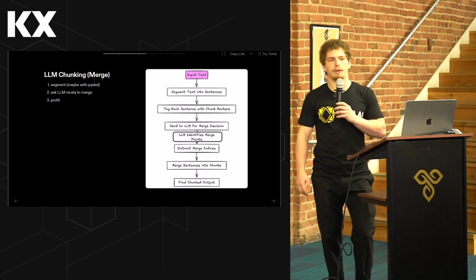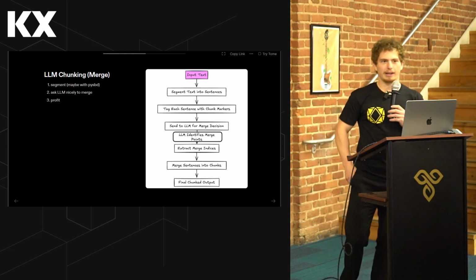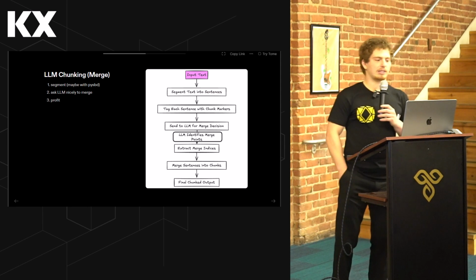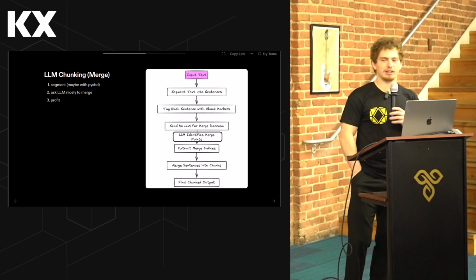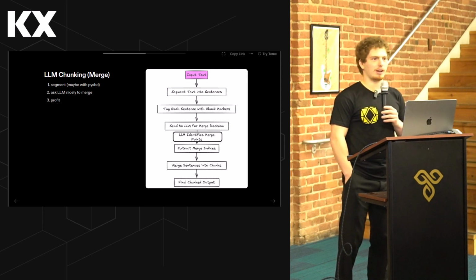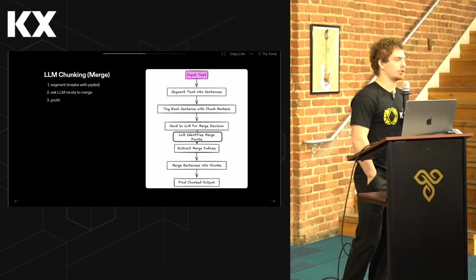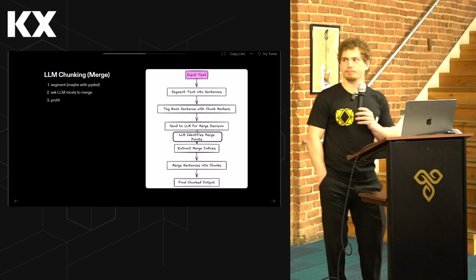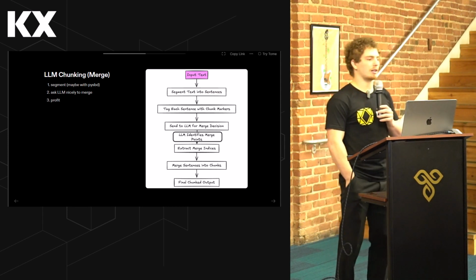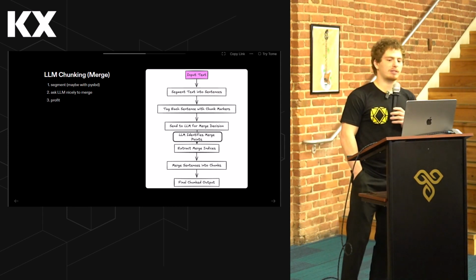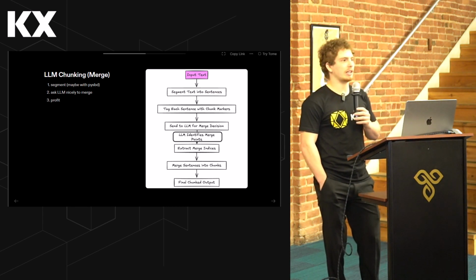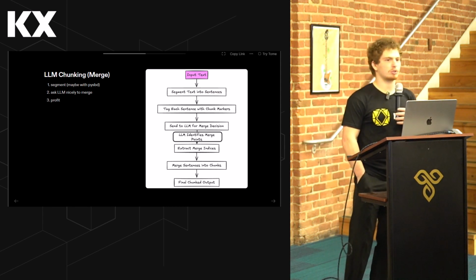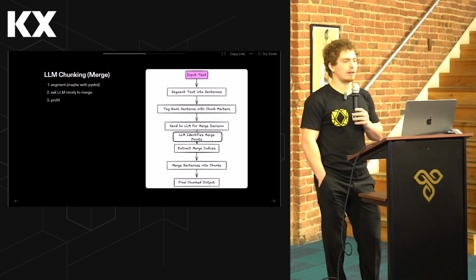So the most common LLM chunking strategy, and it's not very common at all, is LLM merge chunking. This is new terminology that you kind of have to make up at this point in time, but it's very similar to how semantic chunking works. What we do for LLM merge chunking is we segment text into sentences, say with something like PySBD, and then we insert artificial delimiters so that an LLM knows when each one of these segments starts and ends.